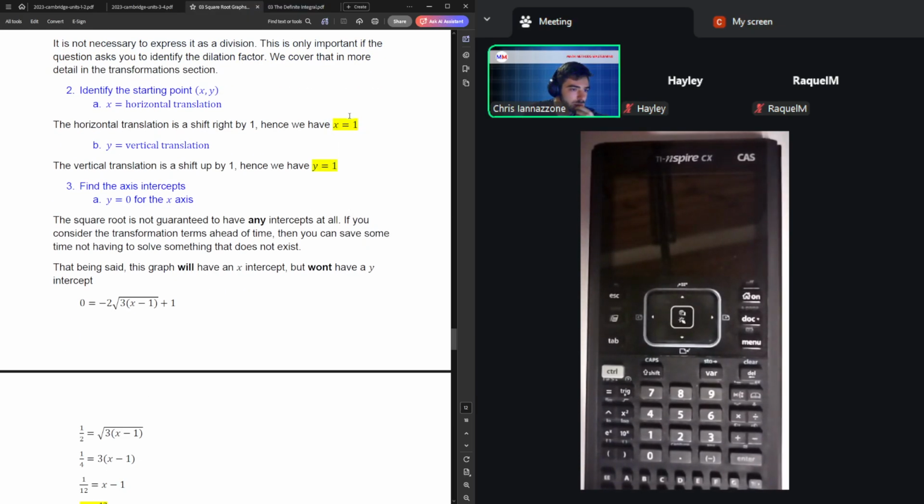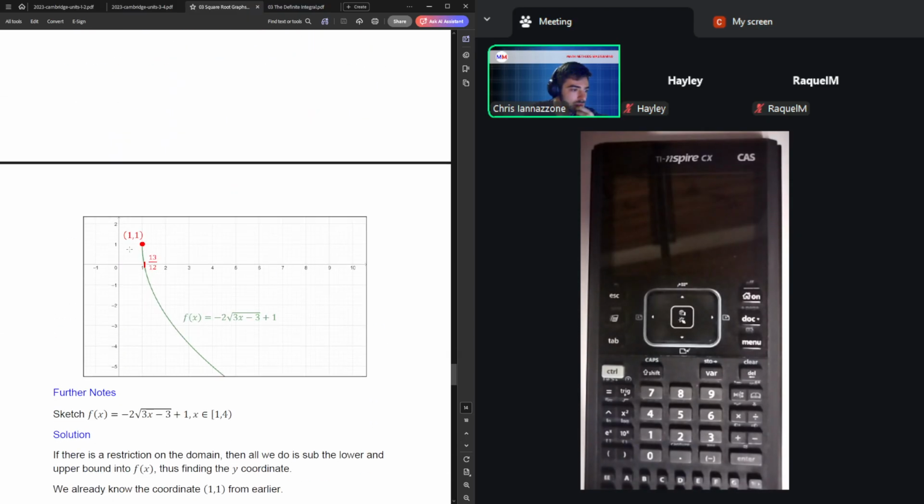Well, up until this point, we know where the starting point is, so we can definitely dot that one out there to start with. Then from there, all I'm doing is looking for the existence of any reflection terms. We got 1 out here. There could also be 1 on the inside of the root as well. This reflection term tells me that it's going to be reflected vertically.